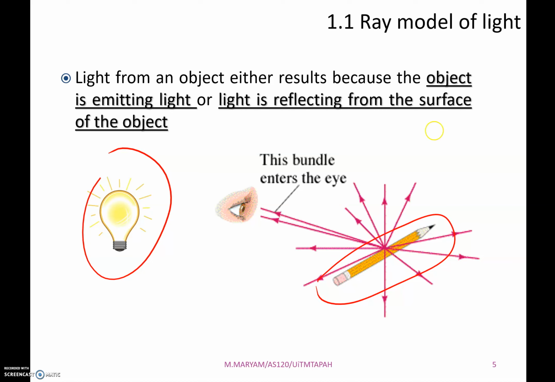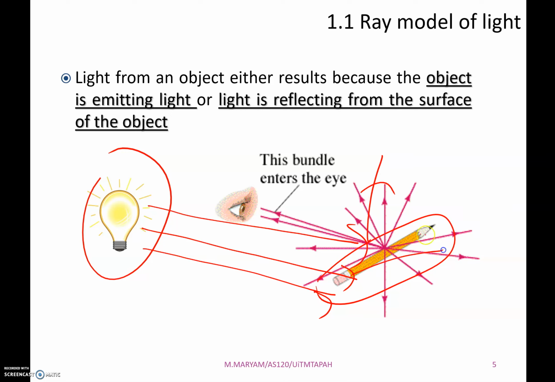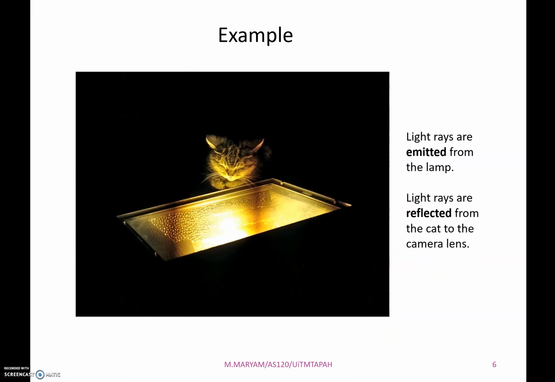This is because, let's say I have a light source here. The light will be directed towards this pencil, and of course all the surfaces of any objects in the room, and it will be reflected. Wherever it hits, those light rays will be reflected back into your eyes. So that's how you can see those images or those objects around you.